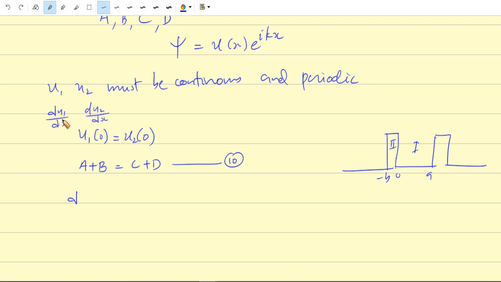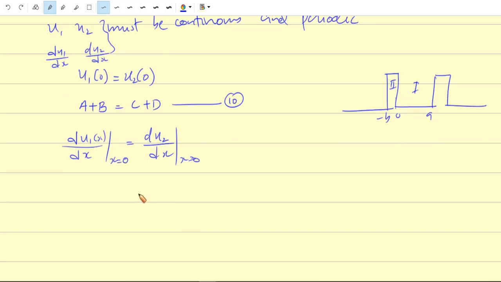Not only this, the derivative of the wave function, du1 by dx and du2 by dx, must also be continuous. Therefore du1 by dx at x equal to 0 is equal to du2 by dx at x equal to 0.